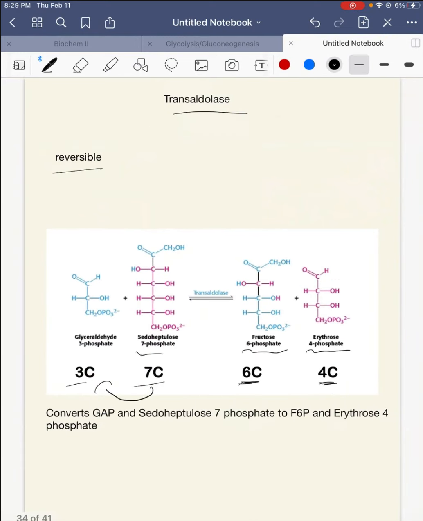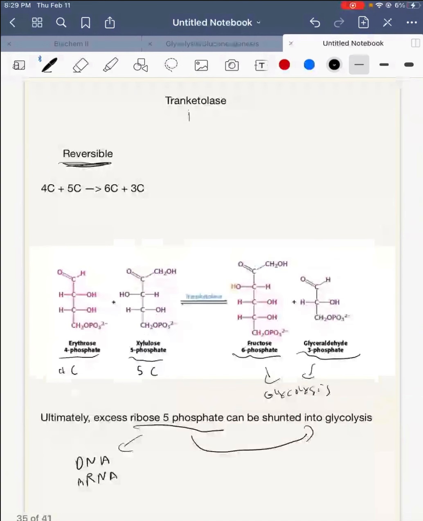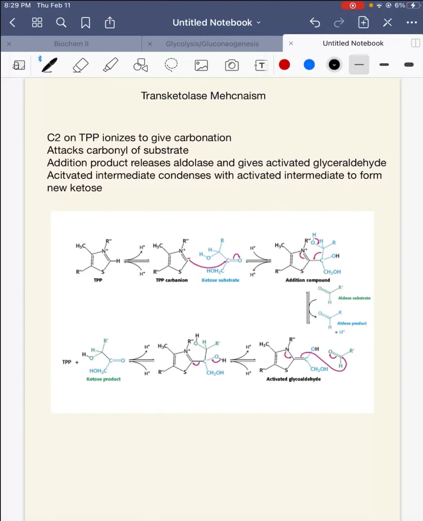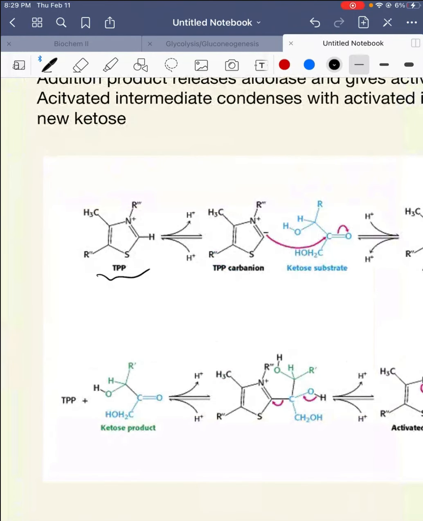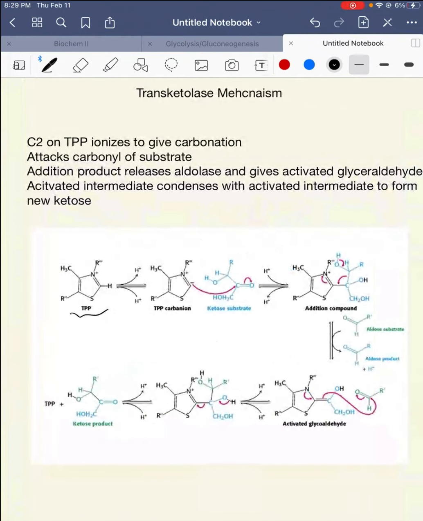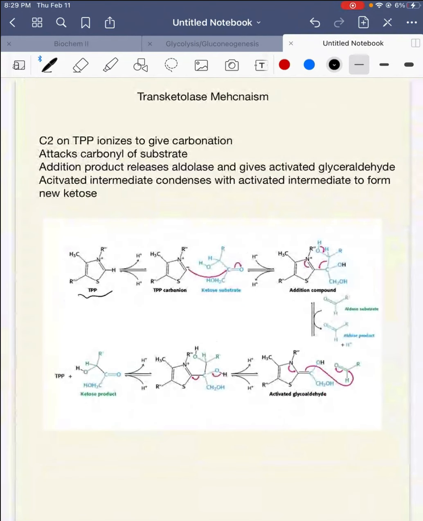Okay, so let's look at the transketolase mechanism briefly. We have TPP here, the prosthetic group I talked about. The C2 on TPP ionizes to give a carbanion, and this carbanion acts as a really good nucleophile. It attacks a ketose substrate, whichever one of our substrates is a ketose.